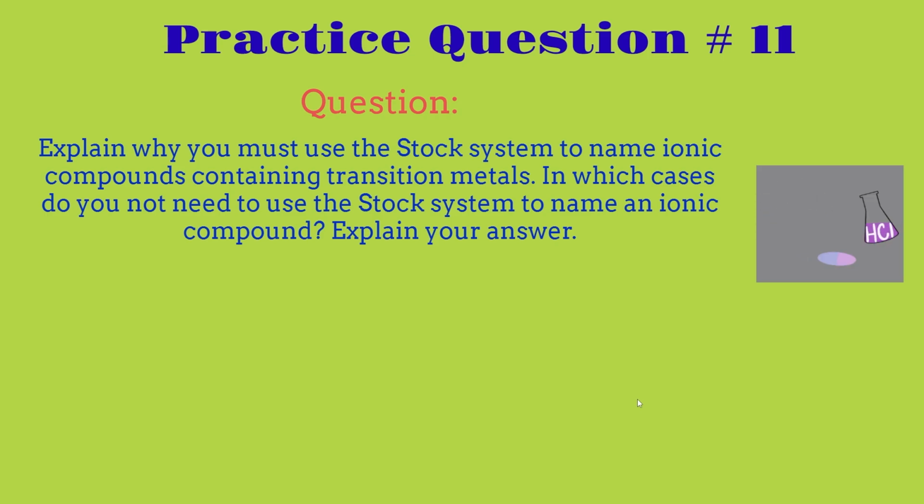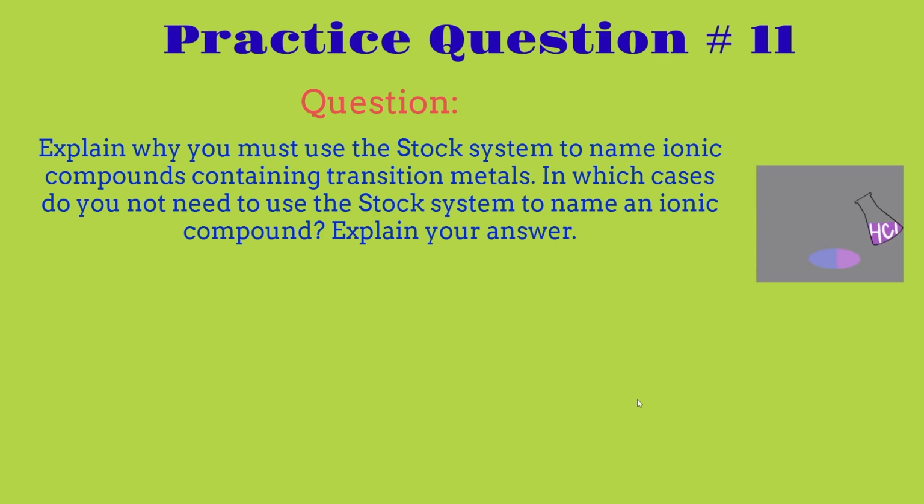If you have more than one cation, we use the stock system to show the differences between the cations. For example, in copper, we use copper 1, with the Roman numeral 1 in brackets, or copper 2, or iron 2, iron 3. So we use the stock system in order to specify the different cations.